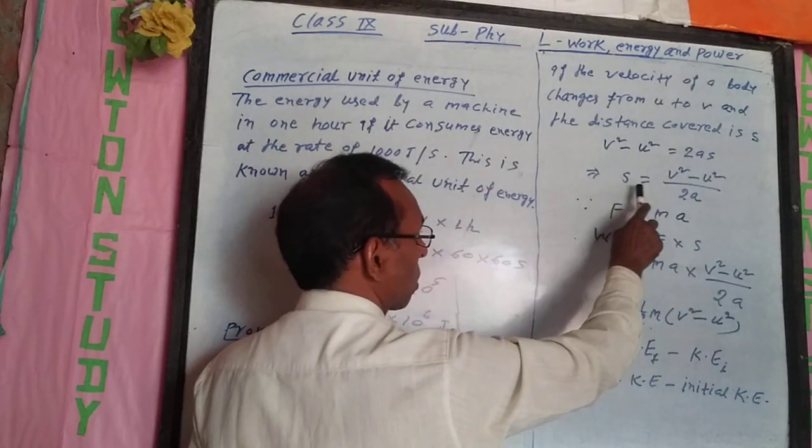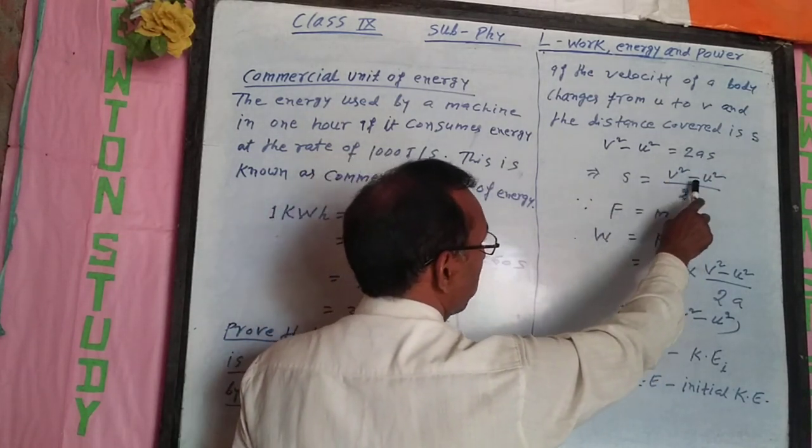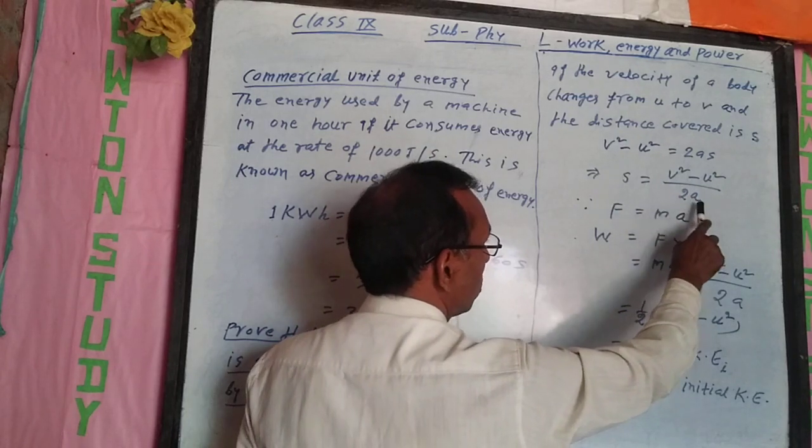So s is equal to v square minus u square by 2a.